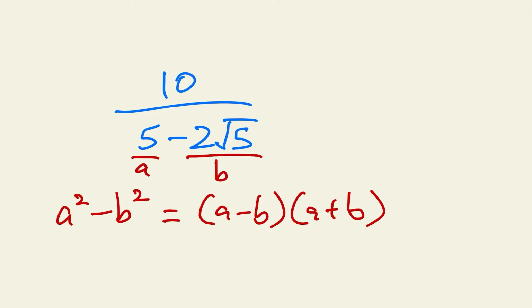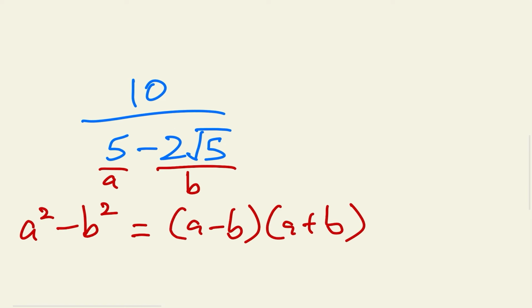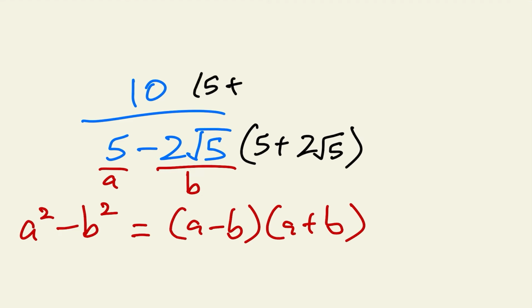Because of this rule, we're squaring this number later on, so it'll get rid of that square root. So all we need to do now is to multiply both the numerator and denominator by 5 plus 2 times square root 5 for this identity to work.